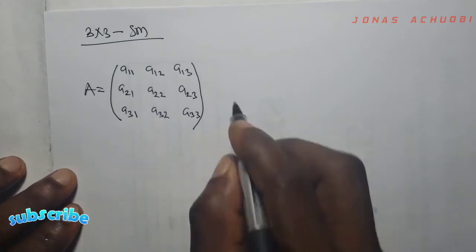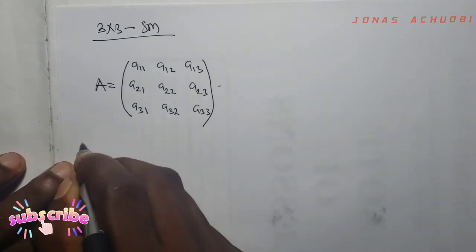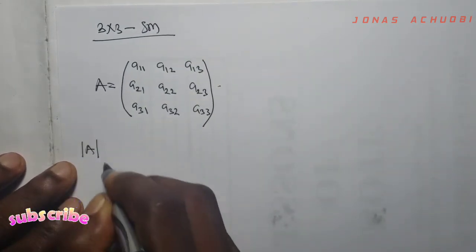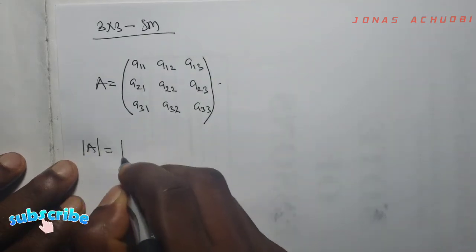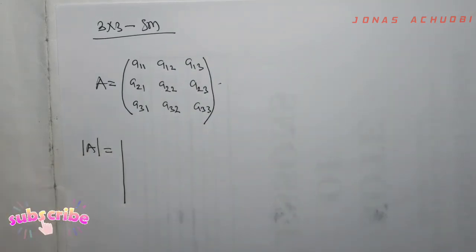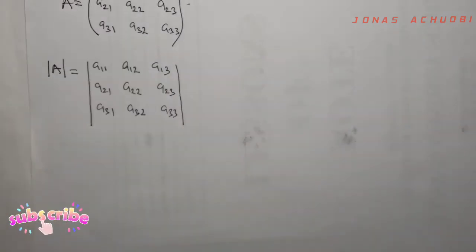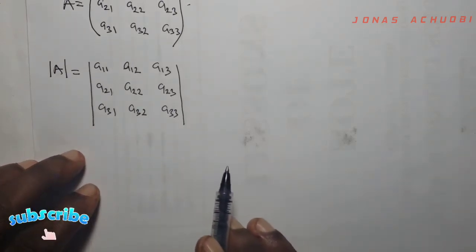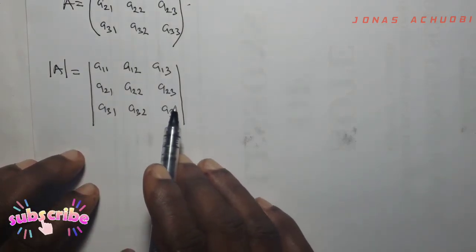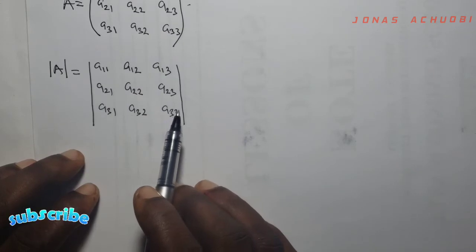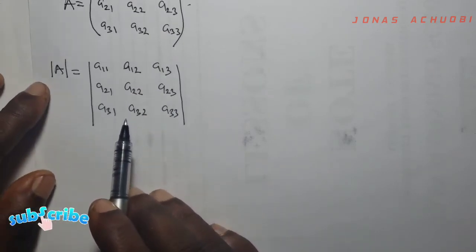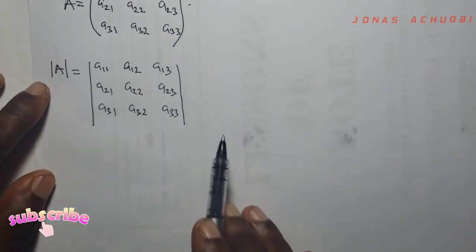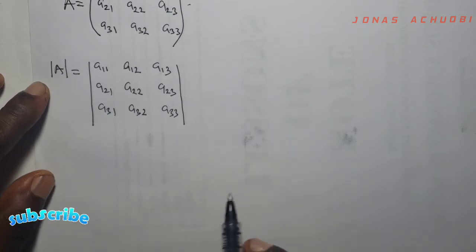So the determinant of matrix A is equal to, you put the entries of matrix A between 2 straight bars as follows. Now, the good thing about the determinant of a 3 by 3 matrix is this. We can find the determinant of this matrix A using any row of our choice or any column of our choice.